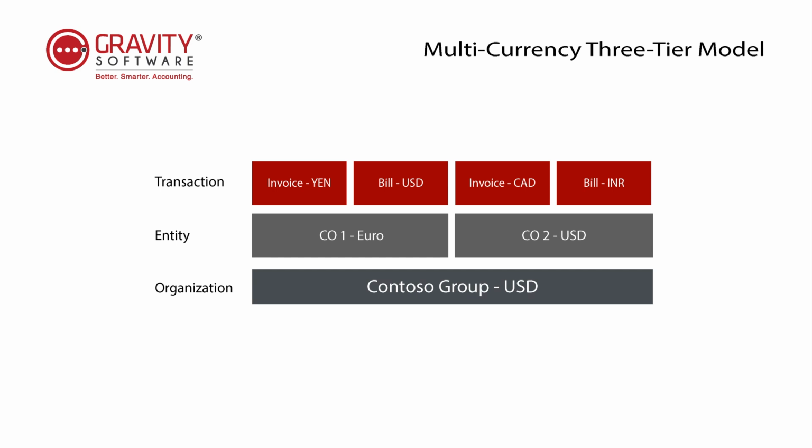So I can be in a Euro company and transact in yen, for example, in dollars, or in British pounds. It just depends upon the currencies you need to transact in. You can have bank accounts in different currencies and so on. So we have a very strong currency model, and it gives us the ability to do a consolidated report while doing native reporting in the home currency for each company.